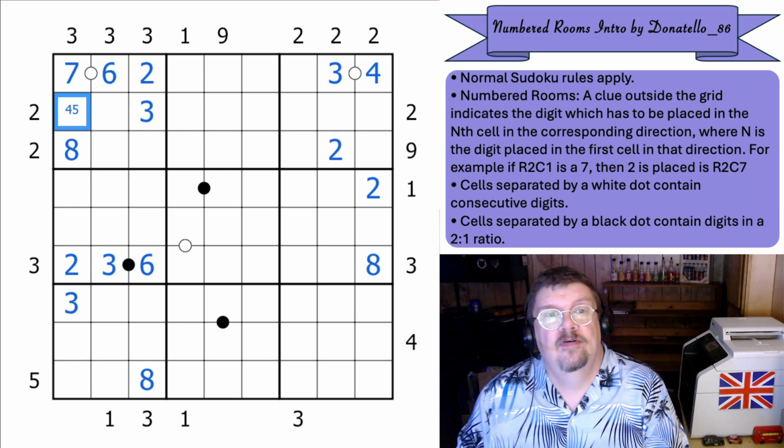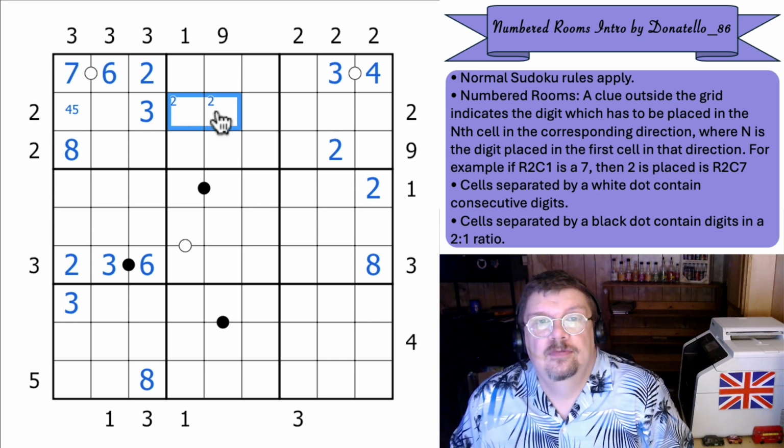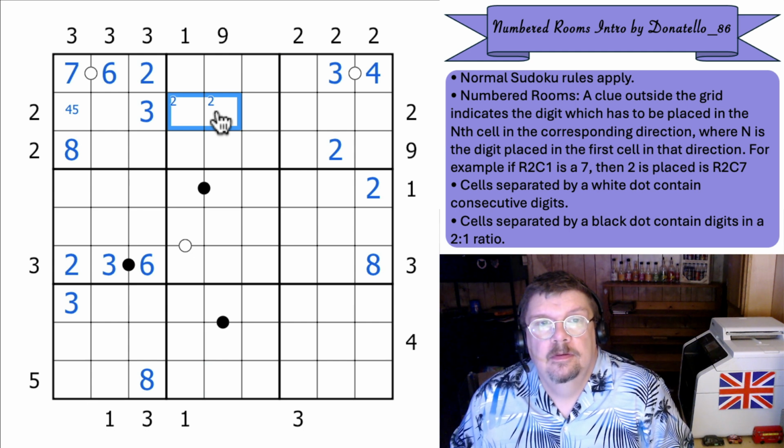So we'll put in a 4, 5, and we'll put a 2 in one of those 2 cells. Okay.